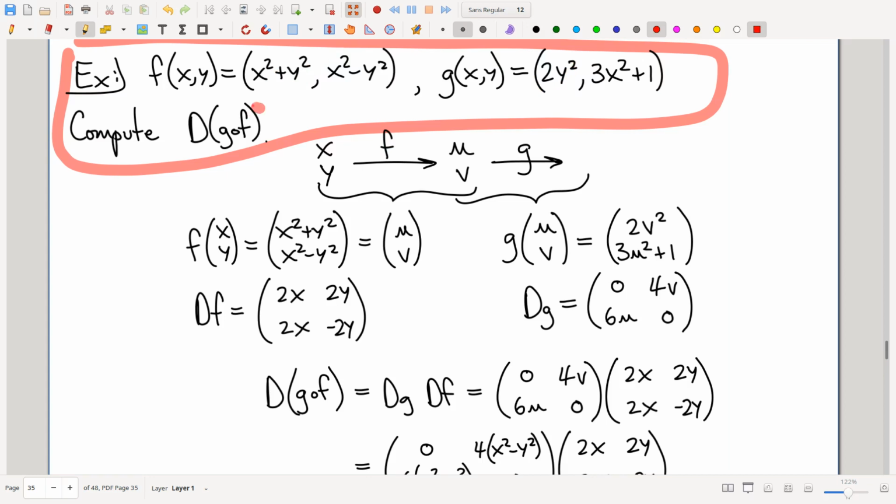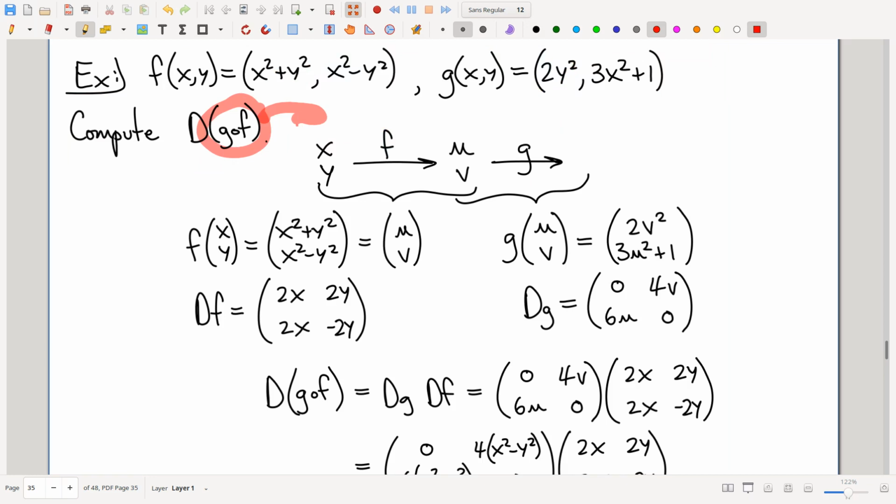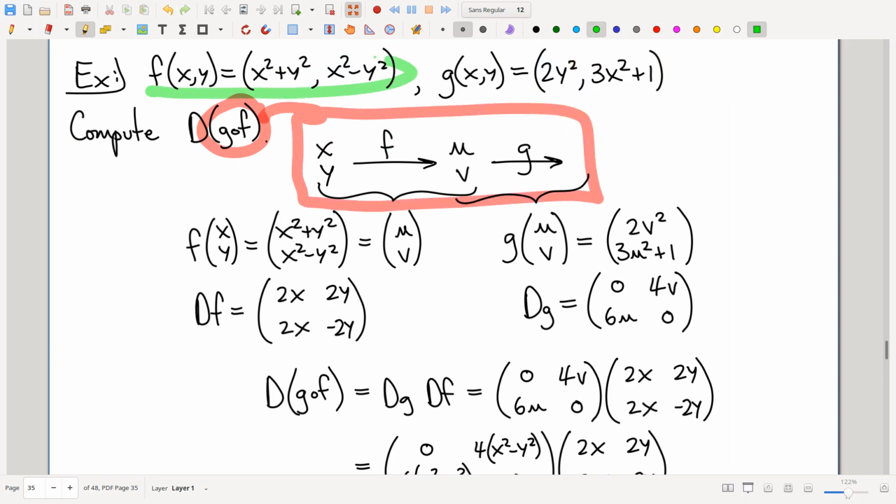And the very moment that you say you want to compose them, all of a sudden, having chosen to write f in terms of the variables x and y, that means that I can't call these outputs x and y. It no longer makes any sense to have those be the inputs to g. I can't have them be x and y. They have to be the outputs from f, which can't be x and y. So let's just rename them.